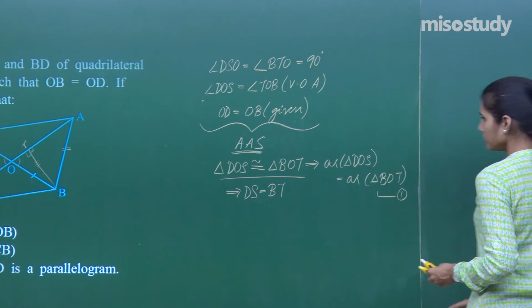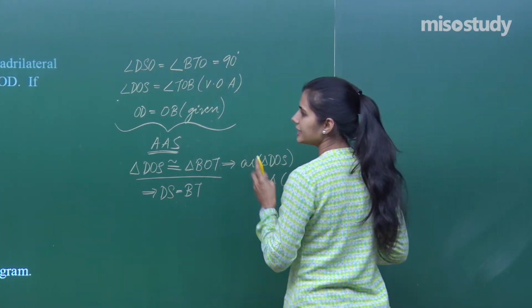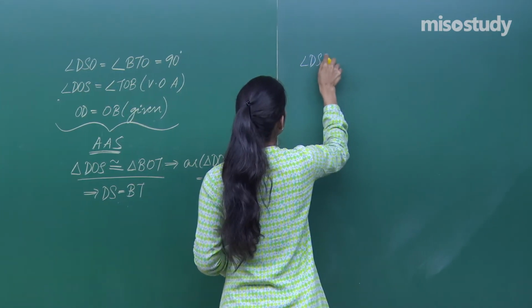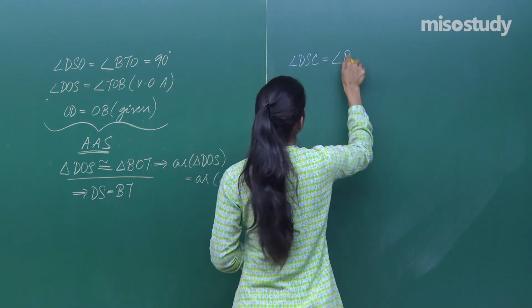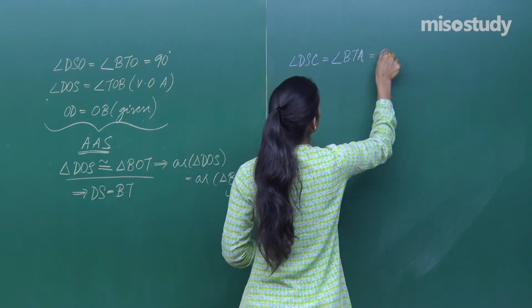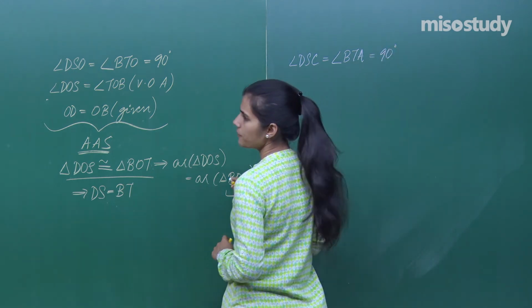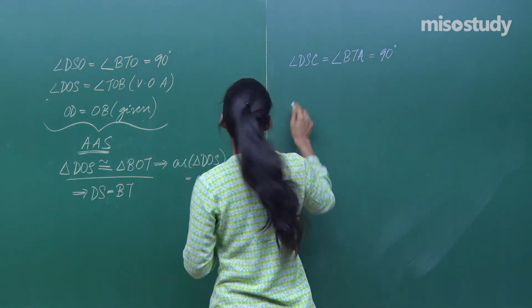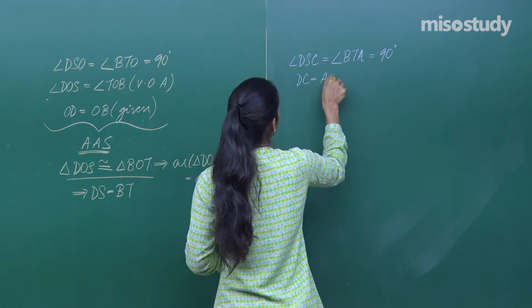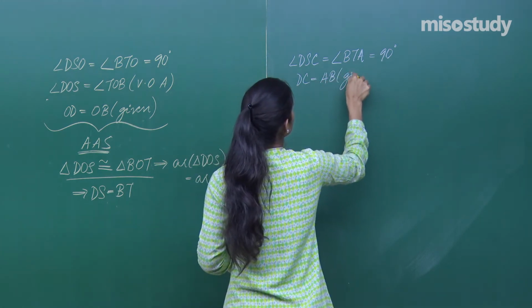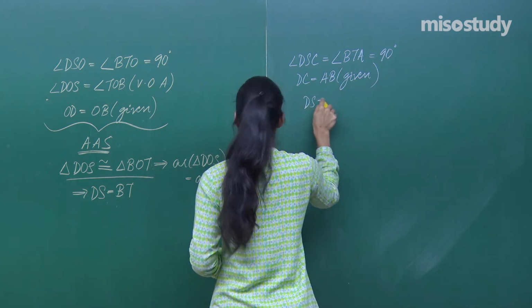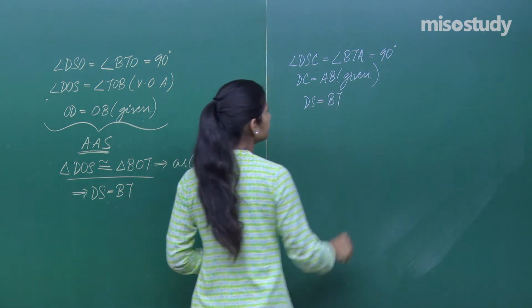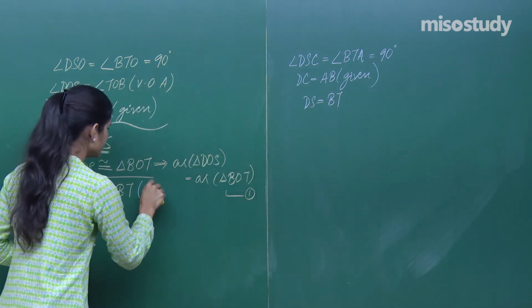As I was saying, you have angle DSC same as angle BTA, 90 degrees by construction. Then hypotenuse is same, DC is same as AB. This is already given to you. And I have just proved from here DS is same as BT by CPCT.